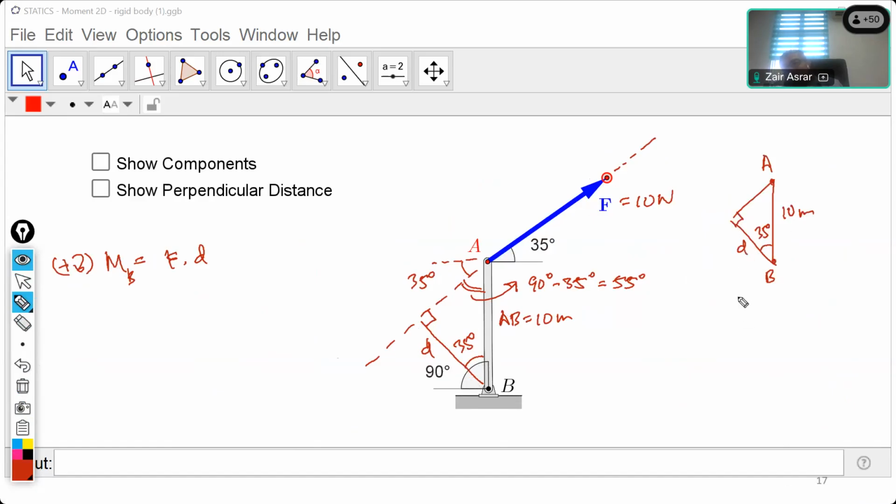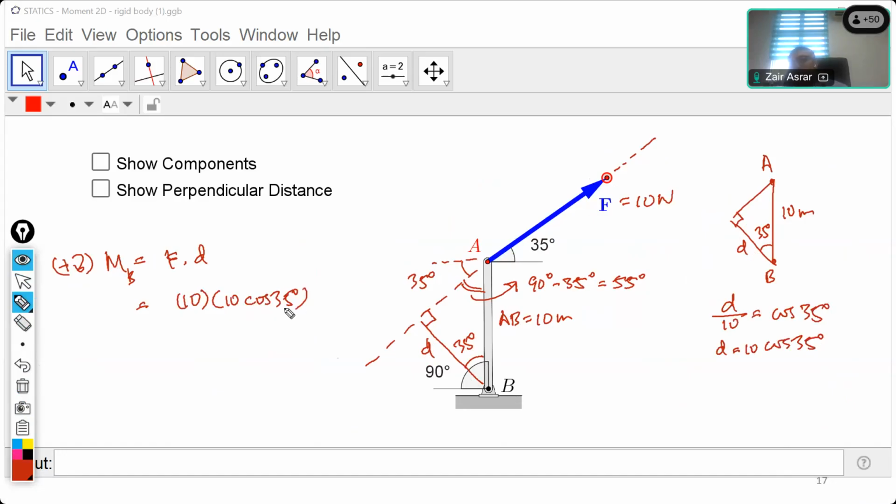So basically, D over 10 is equal to cos of 35 degrees. So D is equal to 10 cos 35 degrees. That is our D. To calculate our moment at B, it equals the force, the magnitude is 10, multiplied by D, 10 cos 35 degrees.